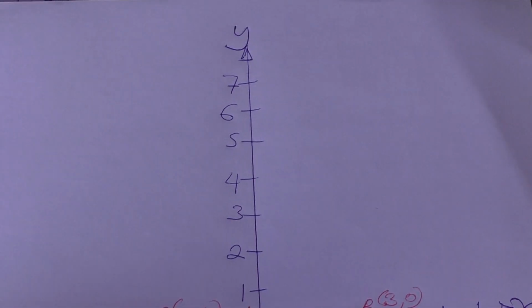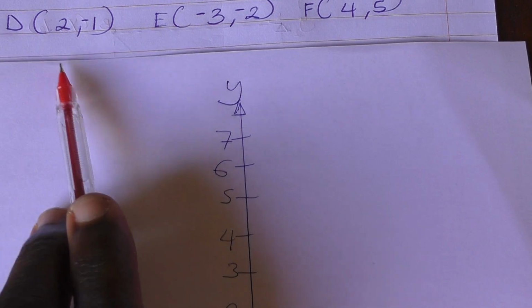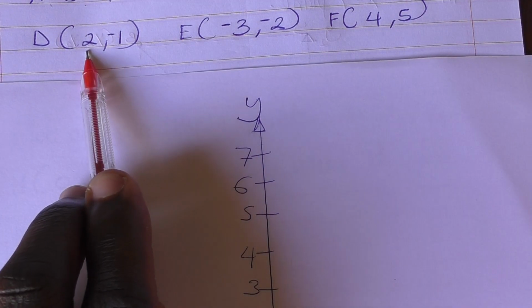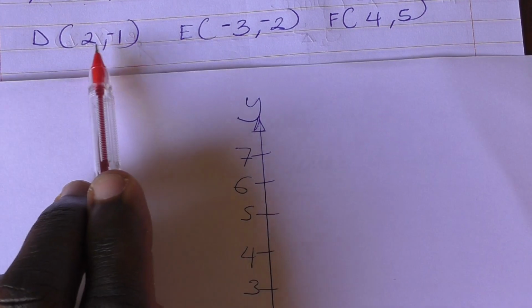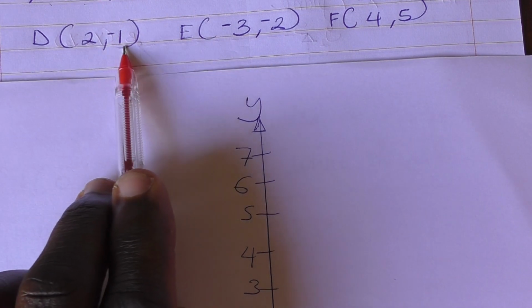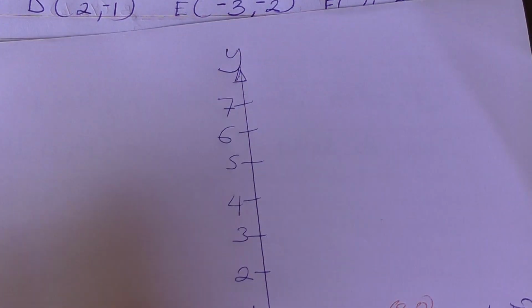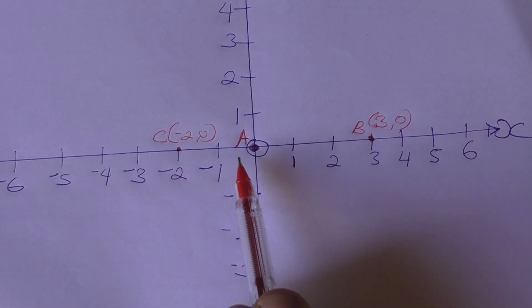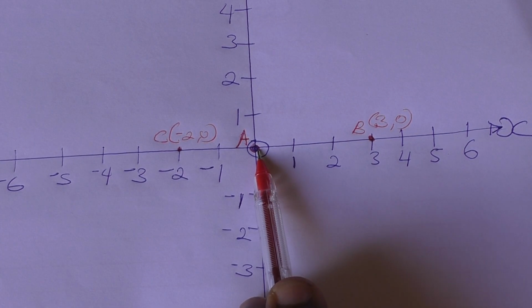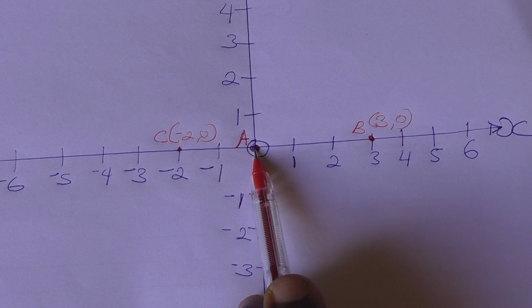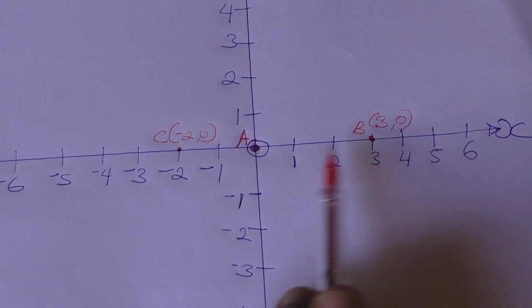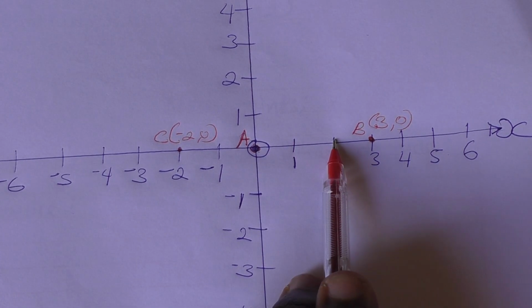Then point D is 2, -1. So the 2 is on x, -1 is on y. So we start from the origin and move 2 steps on the positive side of the x-axis. That is 1, 2.